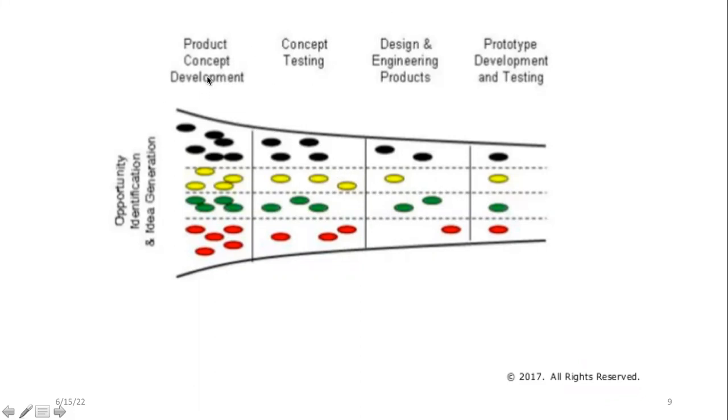bottlenecks. So you can see the areas of product concept development and concept testing. Then design and engineering, and prototype development, where you can see around 4. There are so many ideas and opportunities, but when it comes to prototype development, only 4 ideas. Then we are going to test whether it is okay or not.